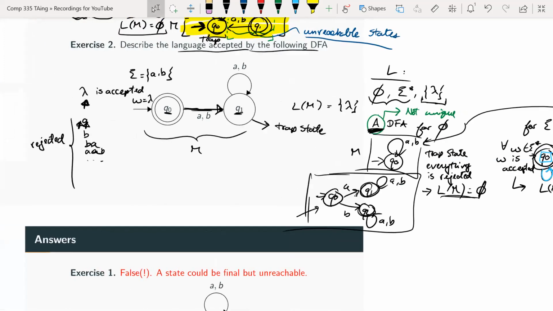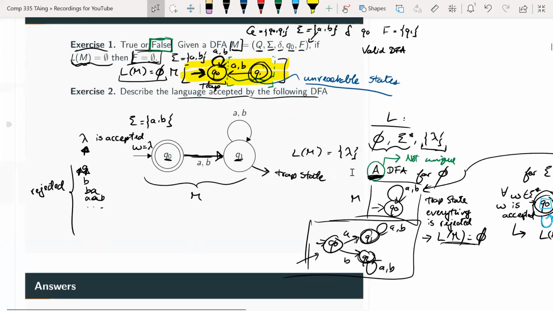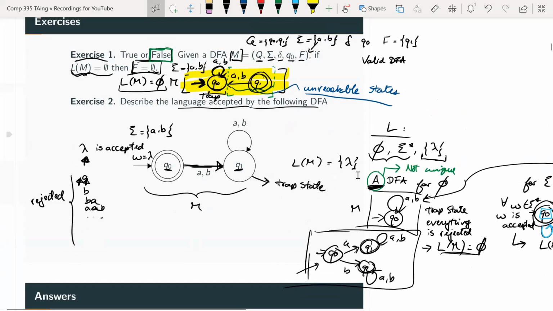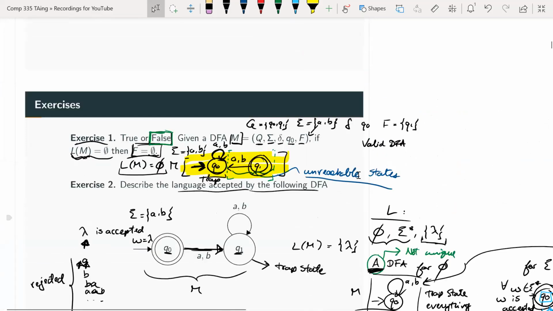So I hope that helps with the review of DFAs. If it wasn't already clear through the tutorial 2 videos and the lecture videos, hopefully this gives you a different angle or perspective on DFAs, because questions like this can potentially pop up in quizzes.